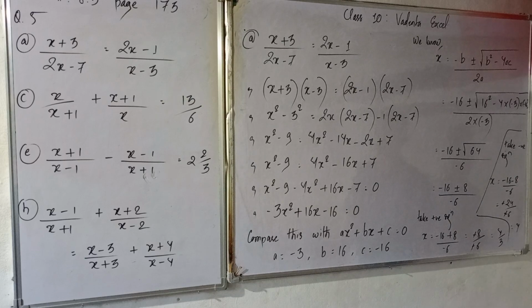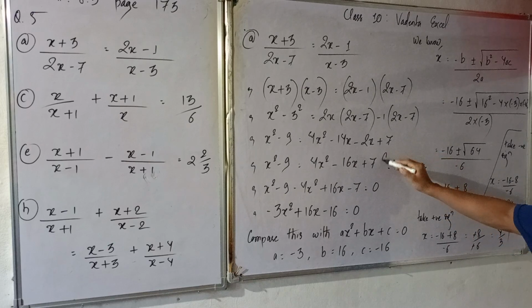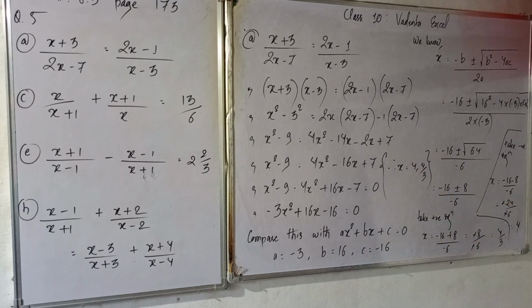So there are two values for x: one is 4 by 3, another is simply 4. Therefore x equals 4 or 4 by 3. This is the answer.